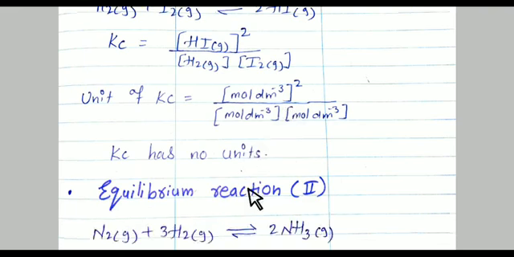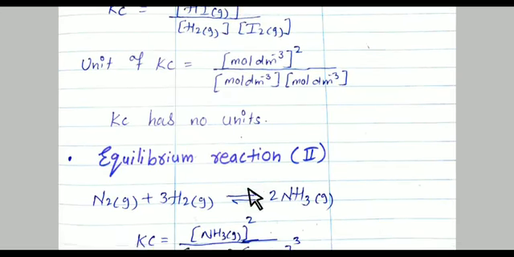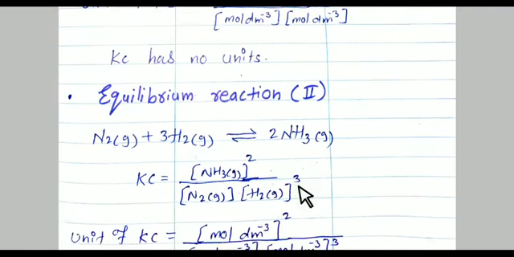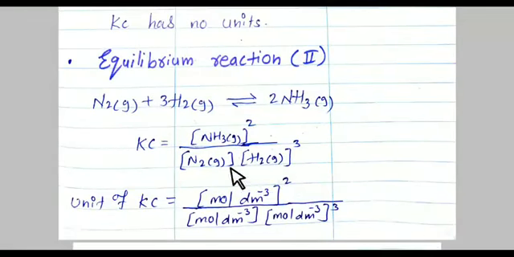Similarly, let us take a second example, in which nitrogen gas and 3 hydrogen gas form 2 molecules of ammonia. This is also a homogeneous reaction. When we apply the formula for Kc, the concentration of product, the concentration of NH3 squared, over the concentration of N2 and the concentration of H2 cubed.